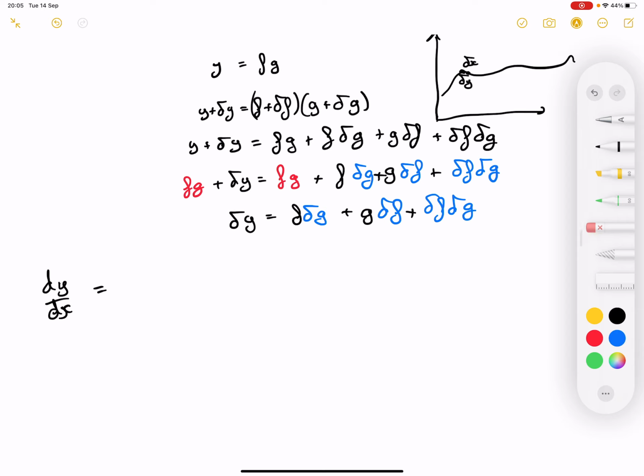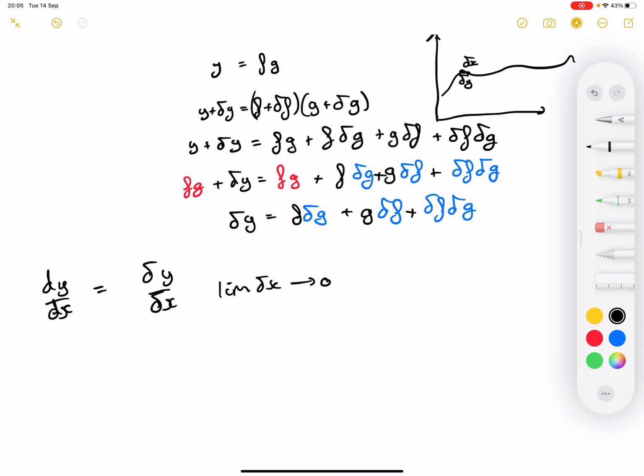And so what we're looking for is delta y by delta x, which is a small number, but it's the limit as delta x tends to 0.